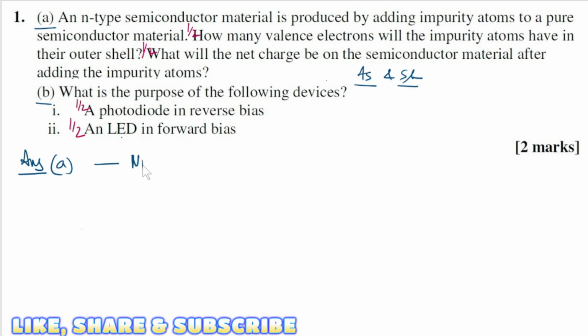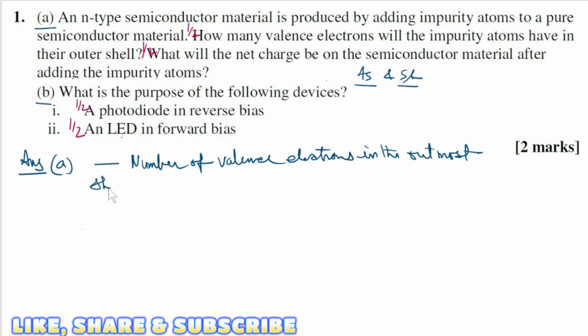Thus, the number of valence electrons in the outermost shell of impurity atoms should be 5.